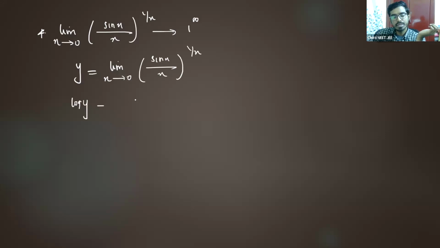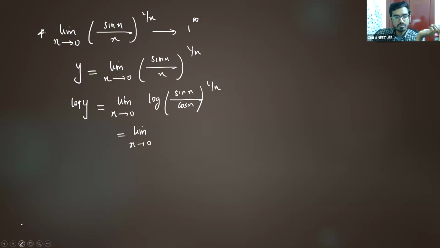Now you take log on both sides. So log y is equal to limit x tending to 0 log of sin x by x whole power 1 by x. This is limit x tending to 0, this is 1 by x into log of sin x by x, right?